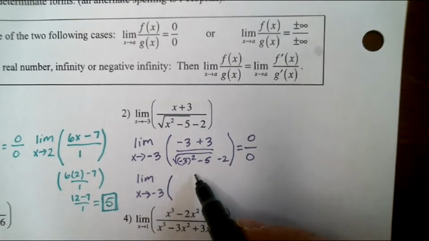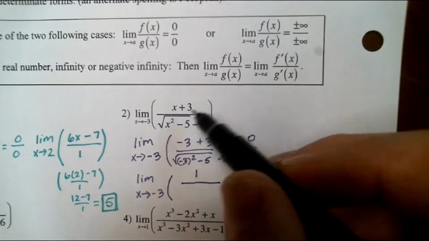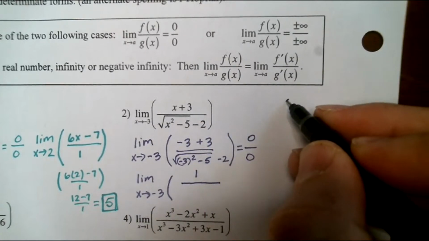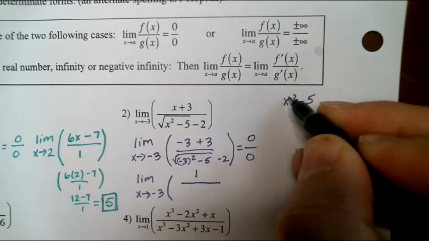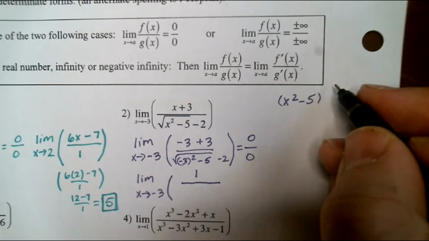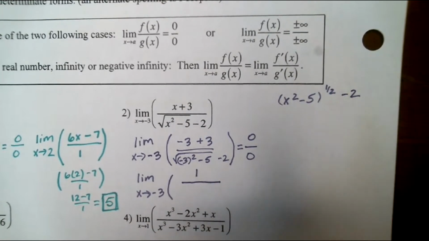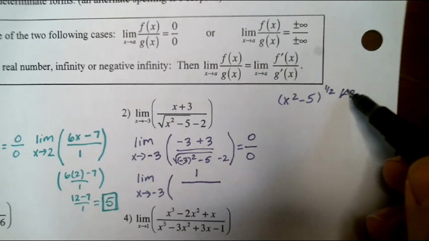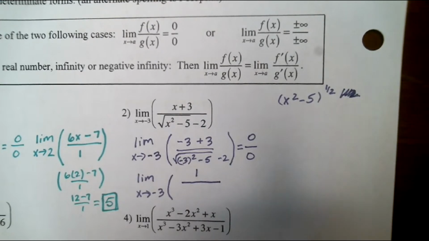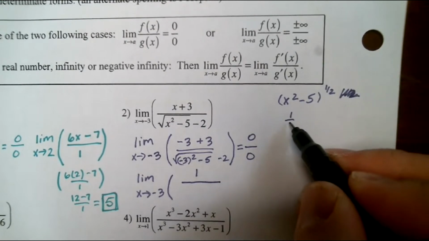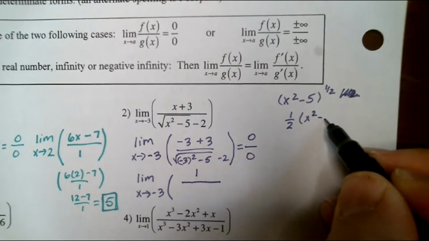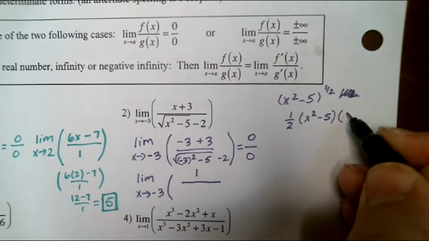So we could say 1 over, and then let's bring this up here and make x squared minus 5 to the 1/2 power minus 2. We can scratch out minus 2 because we know it's a constant, so it's going to be 0. So that's going to be 1/2 x squared minus 5 times 2x.